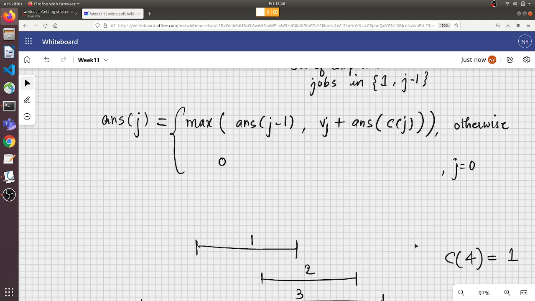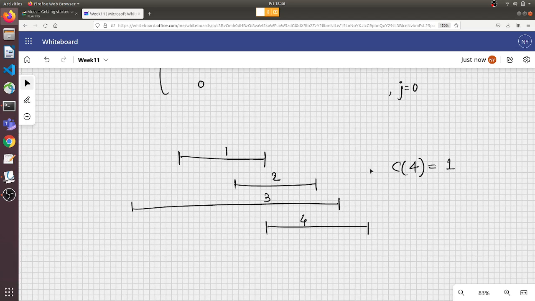Now you can pre-compute this value Cj for every job, and that will be the index of the last job which is compatible with it. All the remaining jobs coming before this will definitely be compatible with j, because their finish time is smaller than the start time of this one.